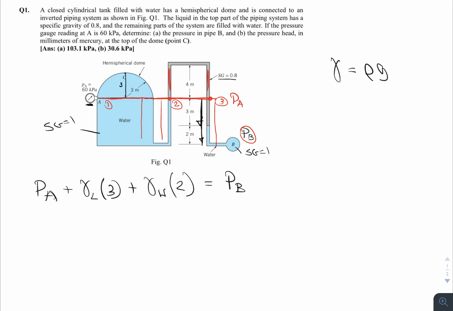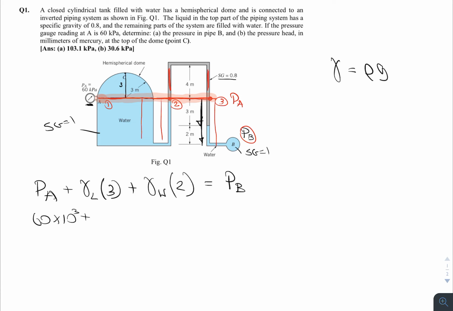We've ignored the tank, we've ignored the left side of our piping system by simply recognizing with this red line across here that the pressure must be balanced if the system is in equilibrium. That's very powerful. And then you can solve this. You know that PA, we're told, is 60 times 10 to the 3 pascals. We know that gamma L, our liquid, is rho g.